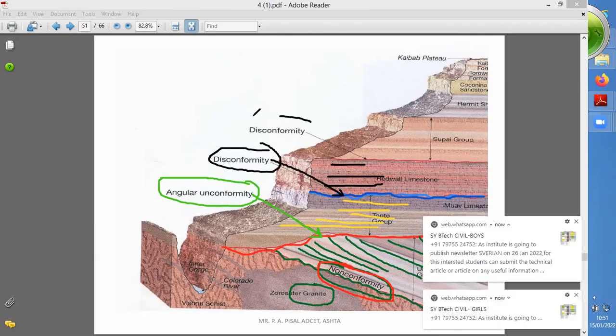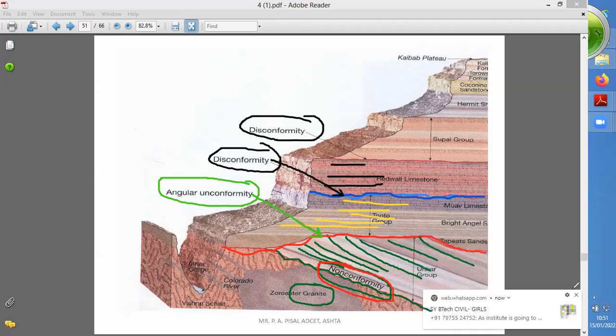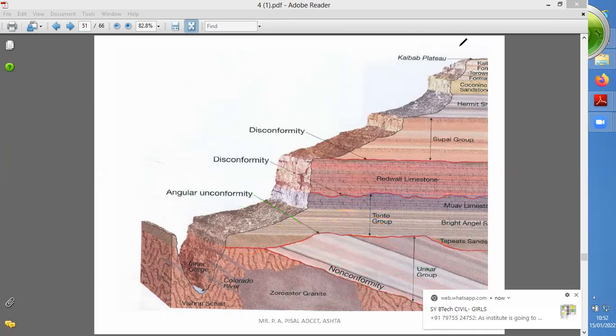Now here again one more disconformity is there. Okay, now in this unconformity you can again see that the bottom rocks and the above younger rocks all are parallel to each other. Okay, so various types of the unconformity may be present at a single place.